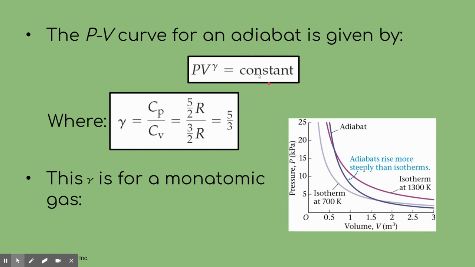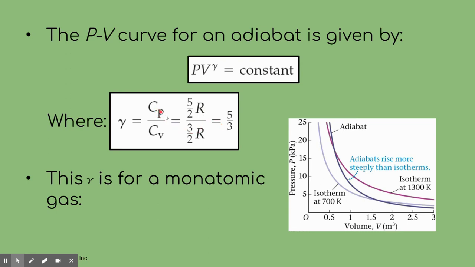And this is some constant. This is just equal to CP divided by CV. So that constant pressure specific heat divided by the constant volume specific heat, which if we don't have, we can find in this way, and it's going to equal 5/3.